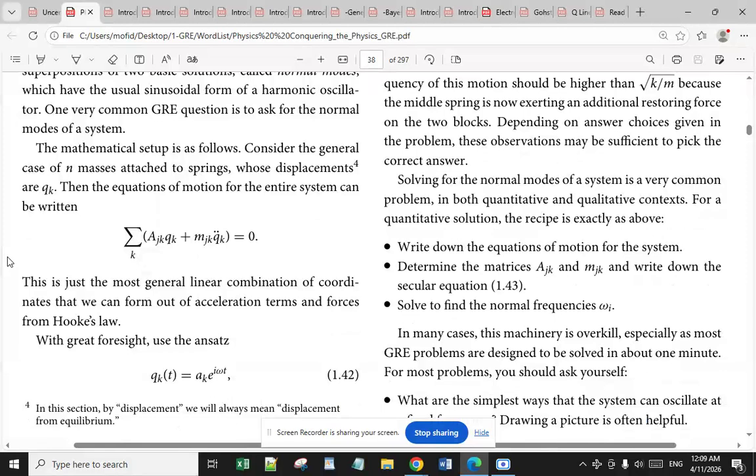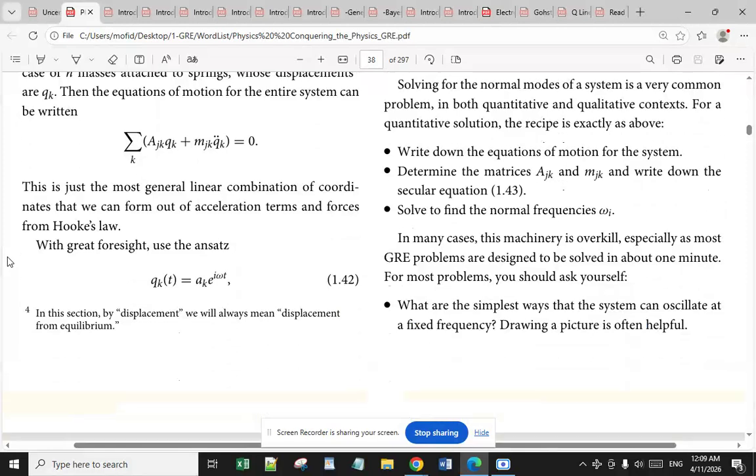Solve to find the normal frequencies omega_i. In many cases, this machinery is overkill, especially as most GRE problems are designed to be solved in about 1 minute. For most problems, you should ask yourself what is the simplest way that the system can oscillate at a fixed frequency. Drawing a picture is often helpful.